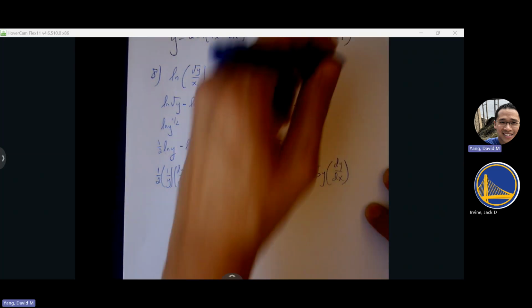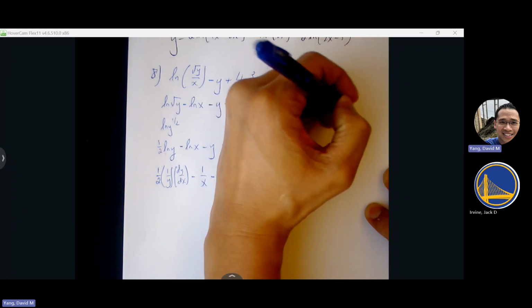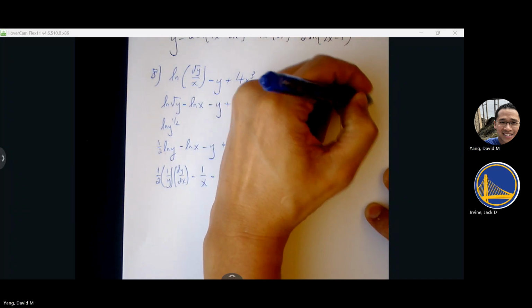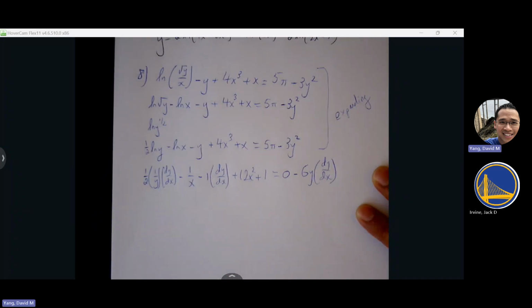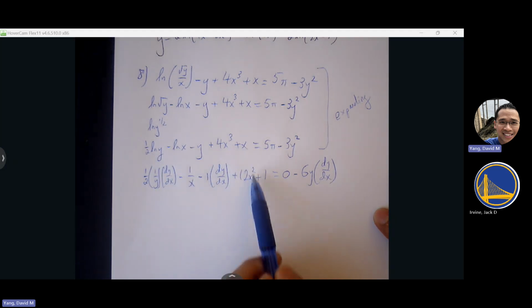That's right. So the first few steps, all this is just expanding. And then our derivative is just to get from this step to this step.